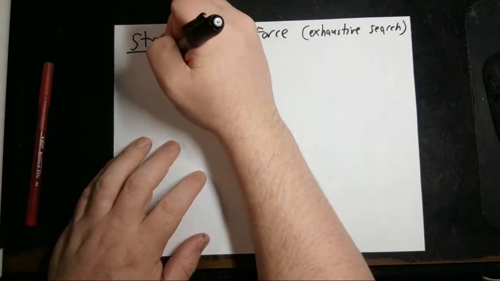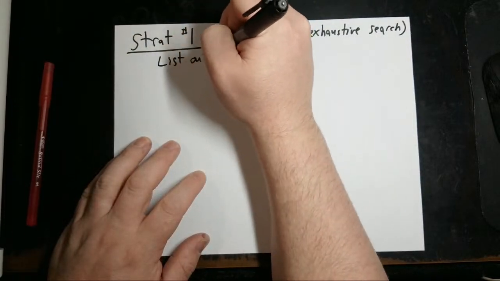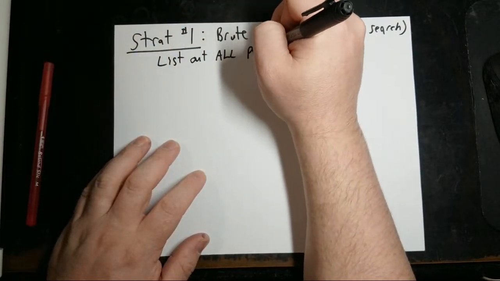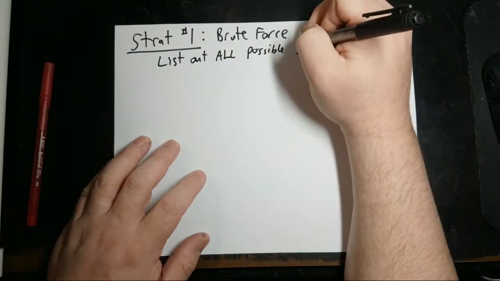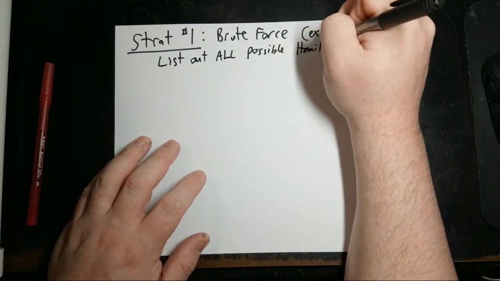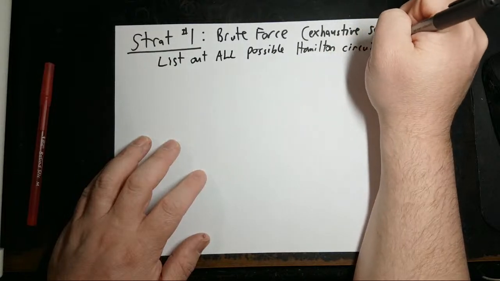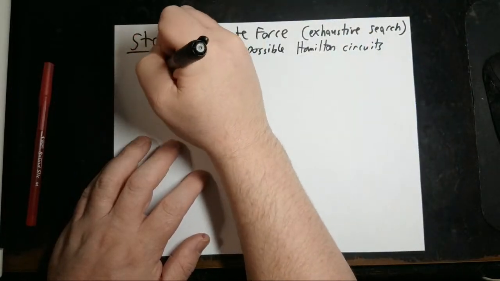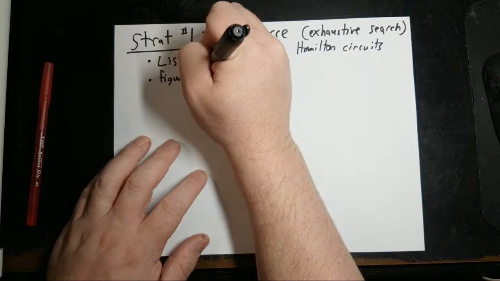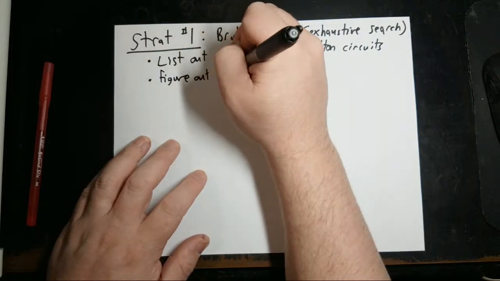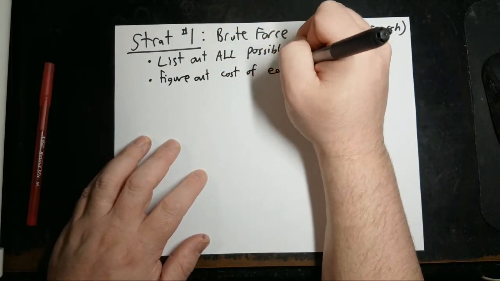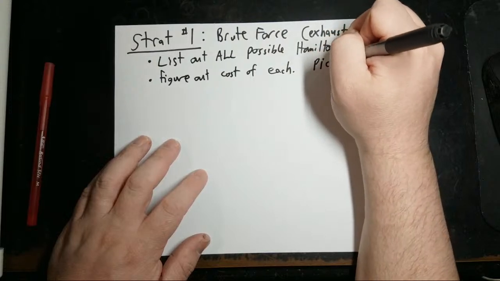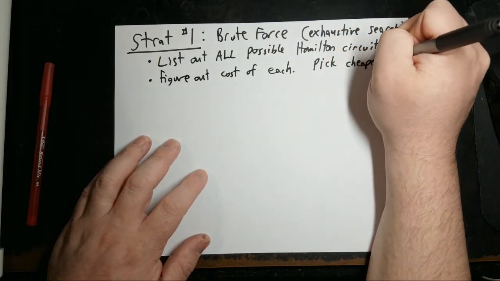You would list out all possible Hamilton circuits, figure out the cost of each, pick the cheapest one.